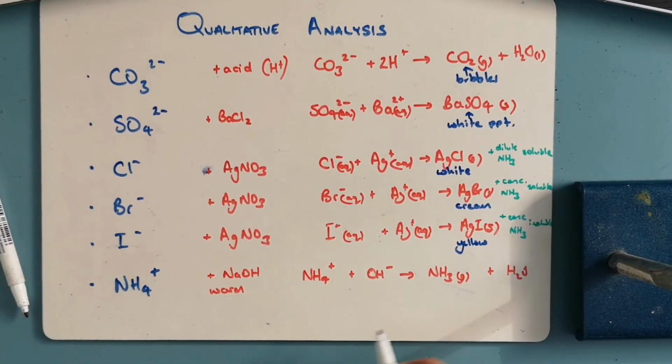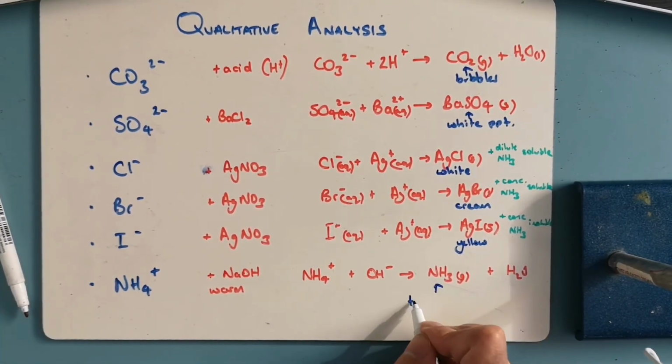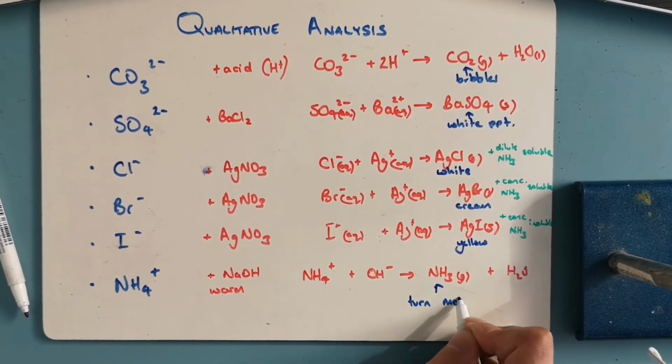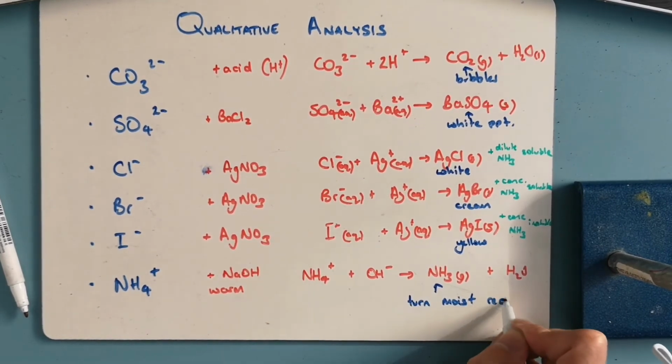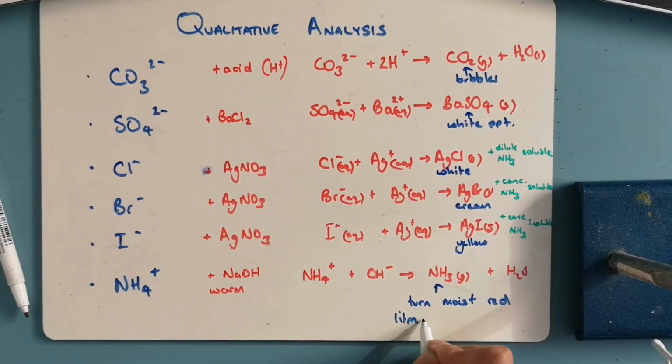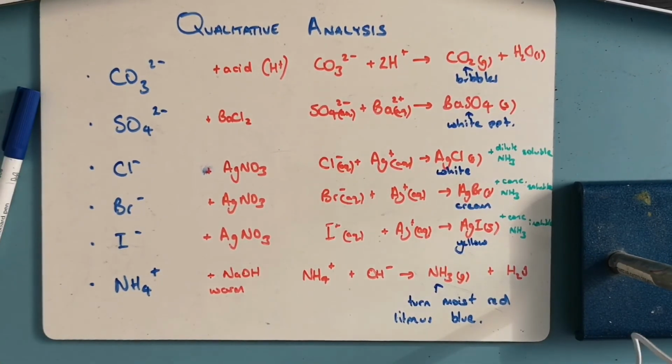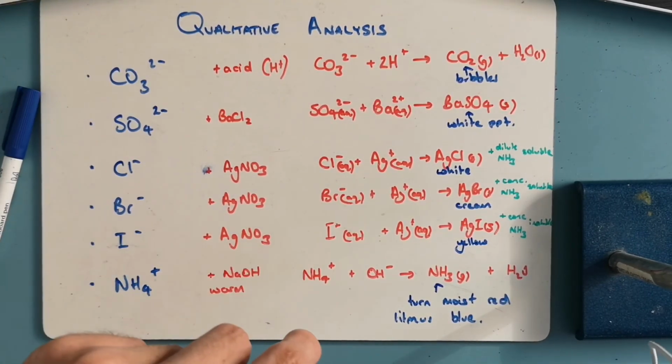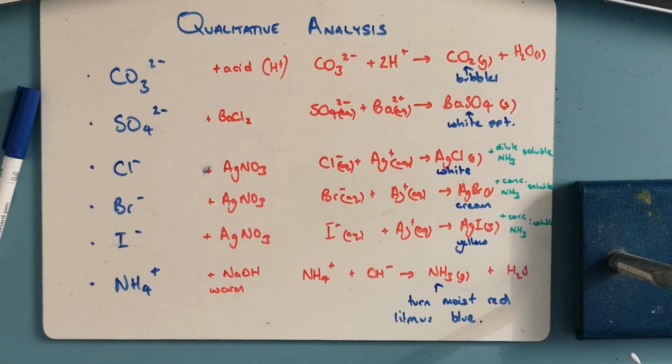Ammonia gas will turn moist red litmus paper blue, pH above 7. So if you lay some damp litmus paper above your test tube when you do this reaction and warm it up, it'll turn blue because of this NH3 gas.